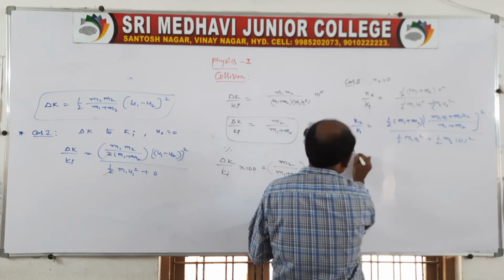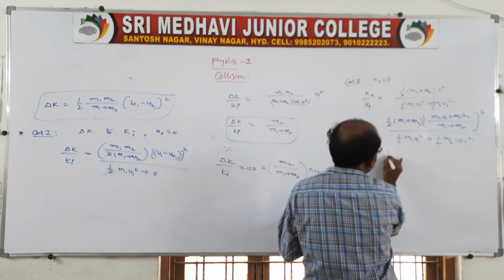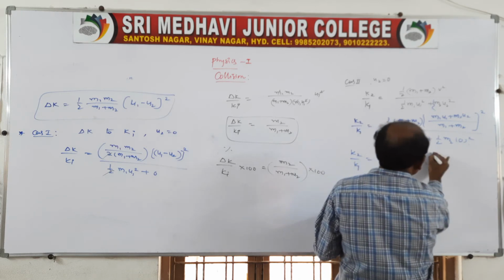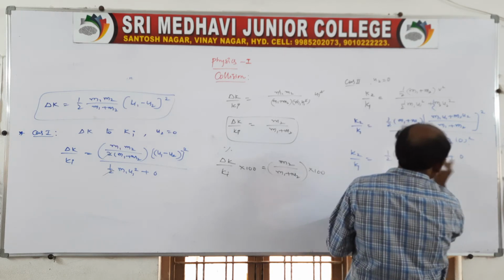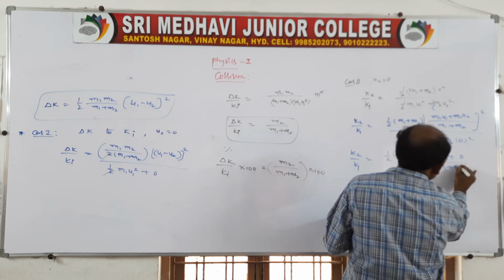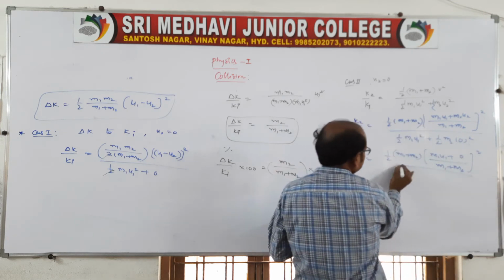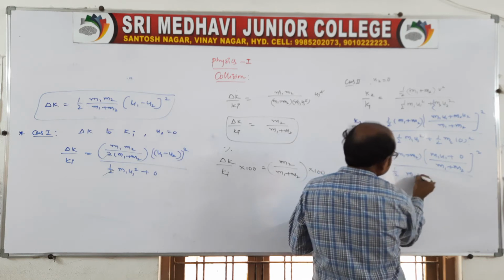So K2 by K1 is equal to 1 by 2 m1 plus m2 into m1 u1 plus 0 by m1 plus m2 whole square, divided by 1 by 2 m1 u1 square.